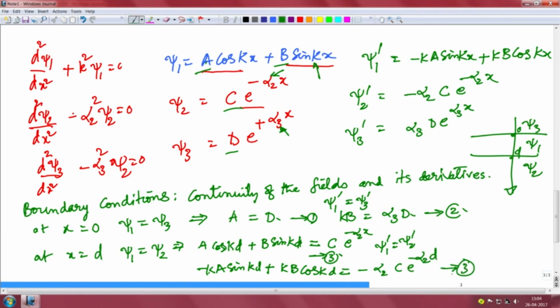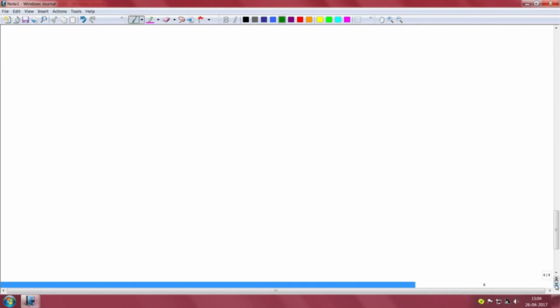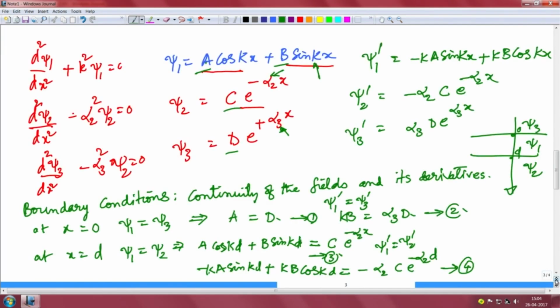We have 4 equations. We have many arbitrary constants a, b, c, d and also beta. So, let us eliminate some variables.